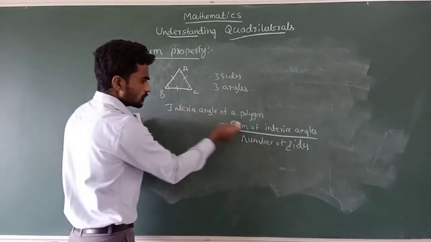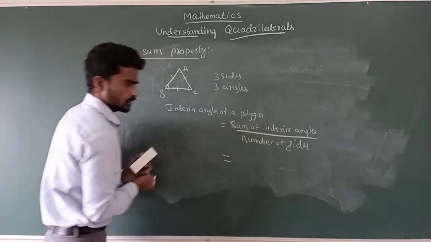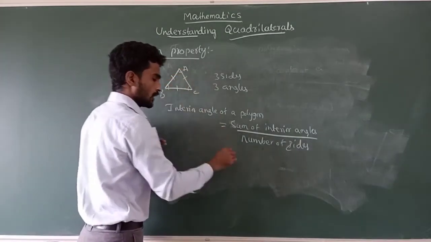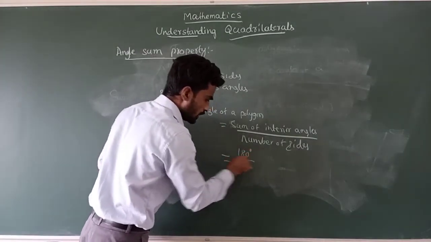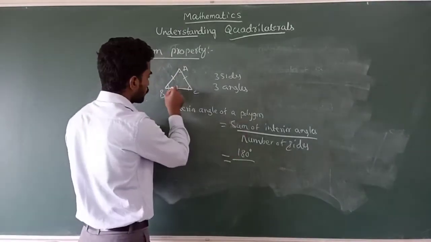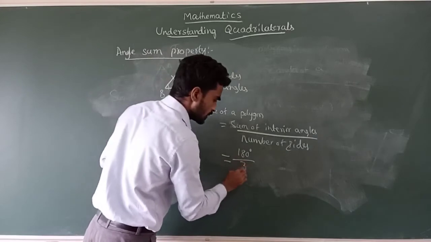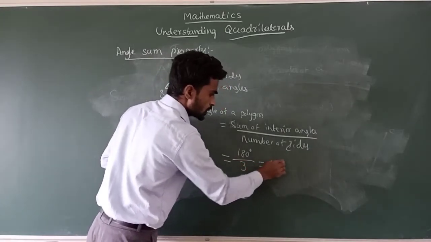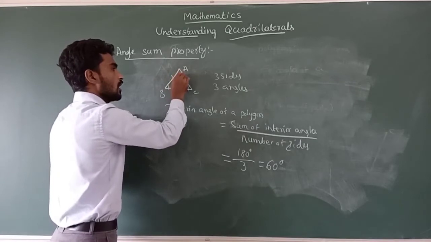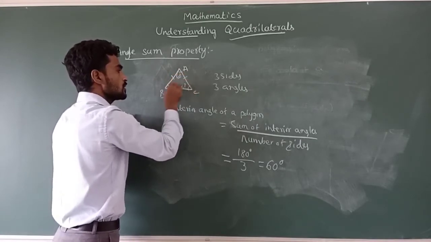Now substitute in this formula. We already know that the sum of interior angles of a triangle is equal to 180 degrees. Then the number of sides, how many sides are there? 3 sides. Then that is equal to 60 degrees. In an equilateral triangle, all angles are equal to 60 degrees.